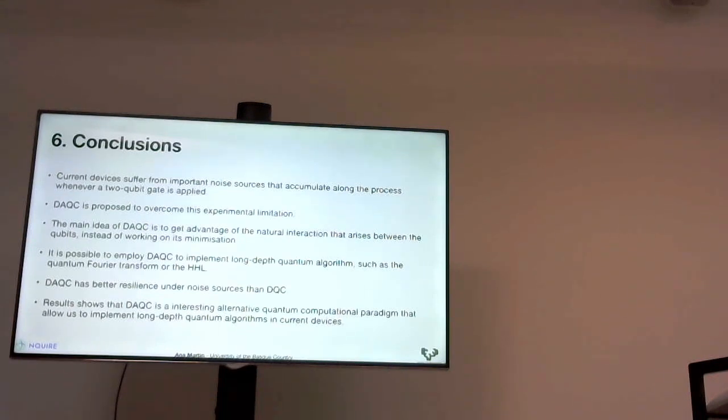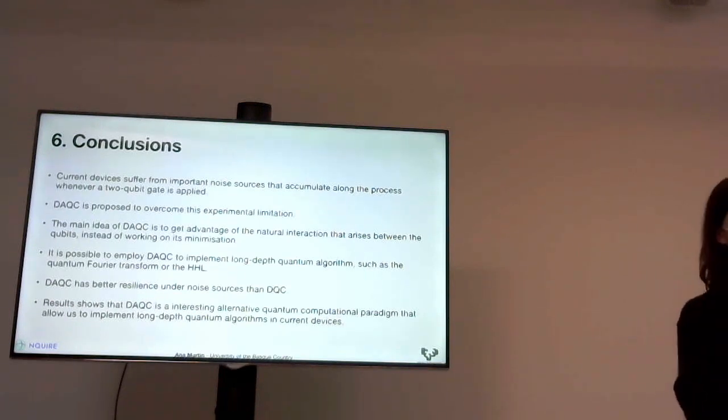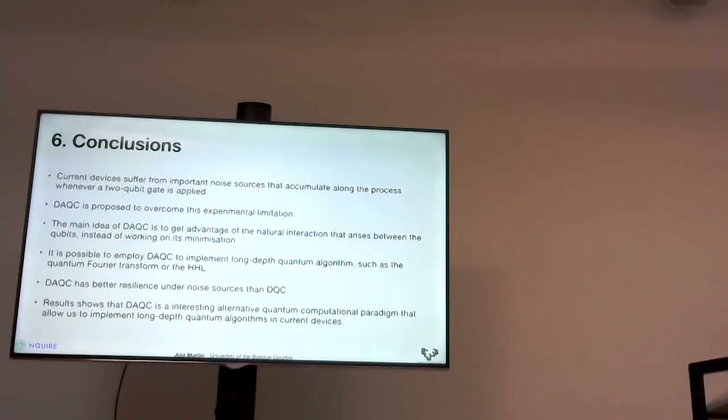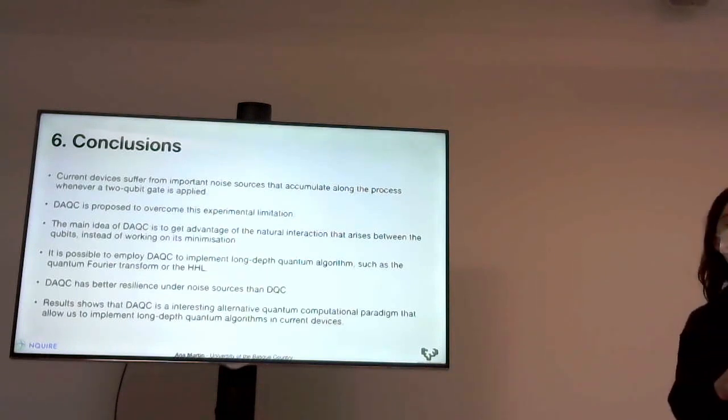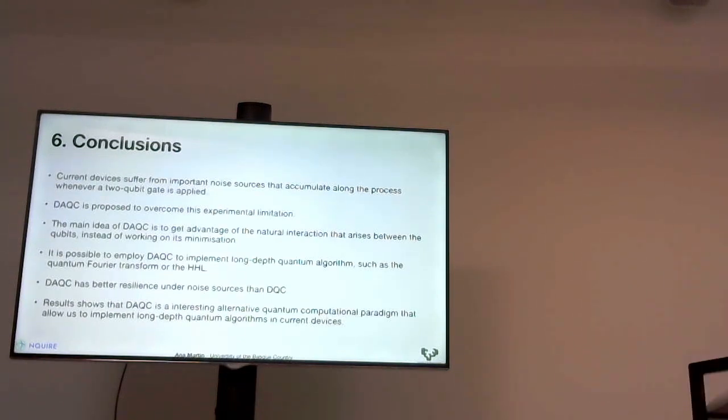That way, we are able to implement long-depth quantum algorithms, such as the quantum Fourier transform or the HHL, with better resilience under noise sources. These results show that digital analog quantum computing is a valid alternative to keep developing the field of quantum computing using current devices.